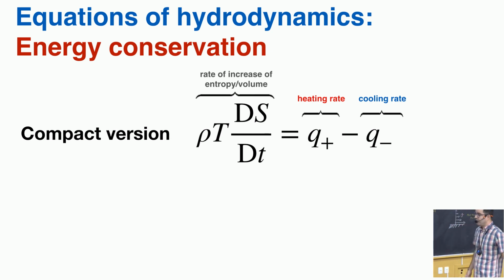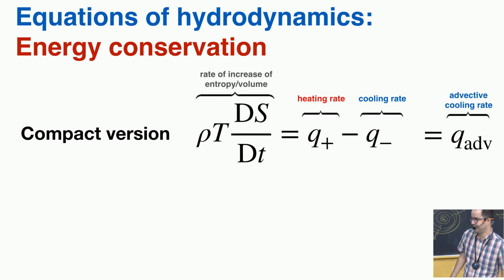And so we can write the energy conservation law in terms of equating the rate of increase of the entropy per volume of the gas to a balance of what is heating your gas and what is cooling your gas. So heating minus cooling is what remains in your gas, and this must go somewhere, so it is advected. It's advected with the flow, if advection is important.